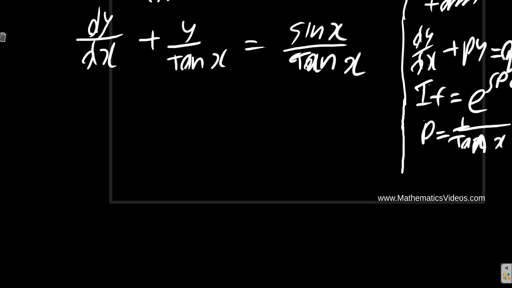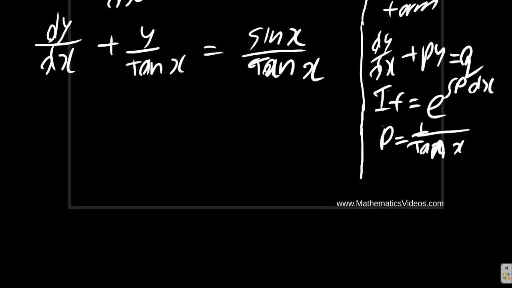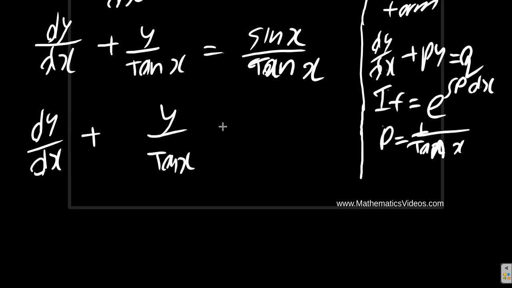So let's write that. What we have is dy by dx plus, let me put some space here, plus y over tan x is equal to sine x over tan x.